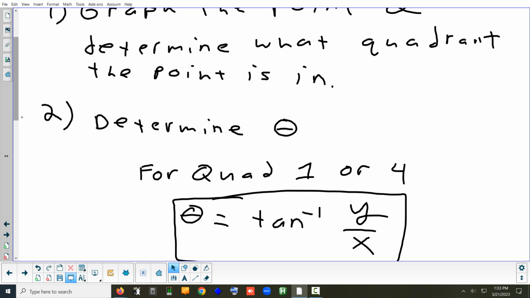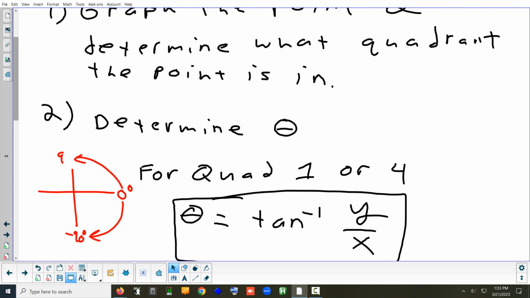But what other quadrants could you be in besides those two? Yeah, you could be in 2 or 3. And the problem with inverse tangent is, when you type it in on the calculator, it will always give you an answer between negative 90 and positive 90. Well, this is 0. Negative 90 is down here.